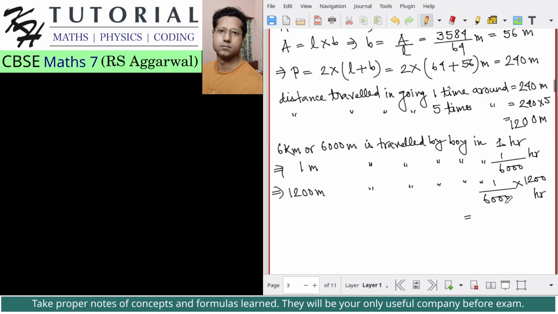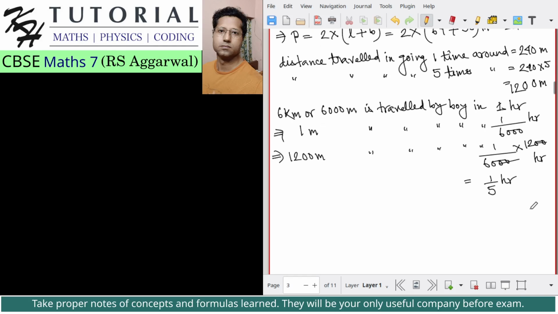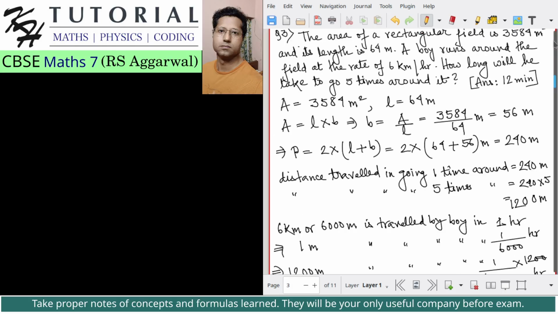So this is equal to 1 by 5 hour. So we have to convert this 1/5 hour in minutes. So this will be equal to 1 by 5 multiplied by 60 minutes, and this is equal to 12 minutes. So the boy will take 12 minutes to go 5 times around the rectangular field, and the answer is correct.